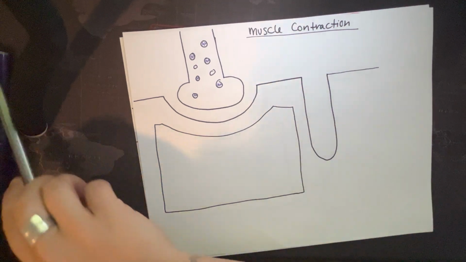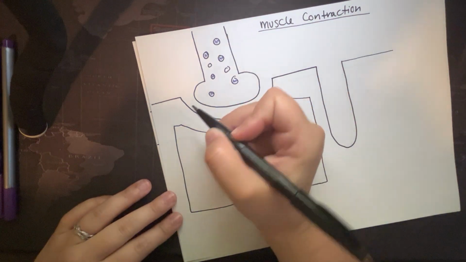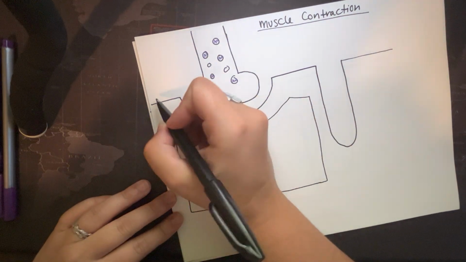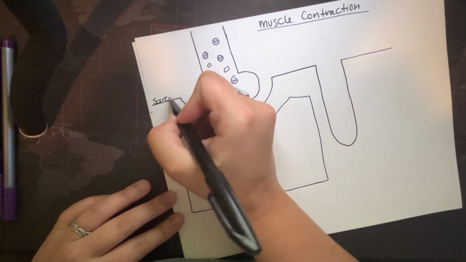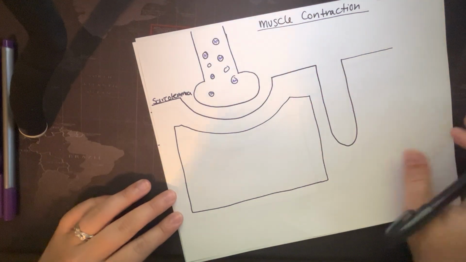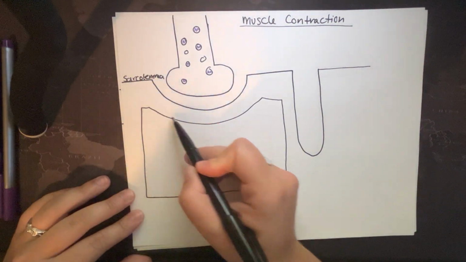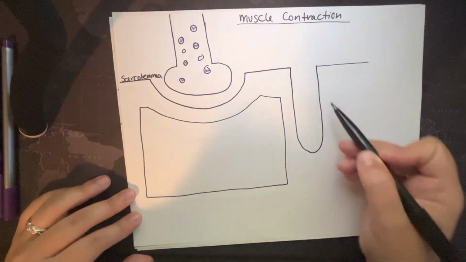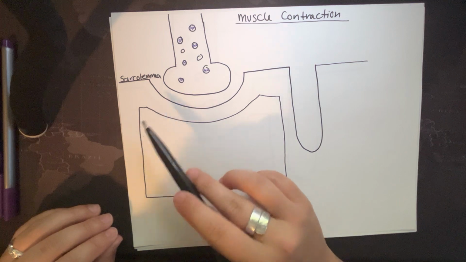And our muscle cell membrane is actually called something special because it works a little bit differently than other cells. So this is going to be called our sarcolemma. Our sarcolemma is very special because our skeletal muscle cell membrane actually has electrochemical capability.